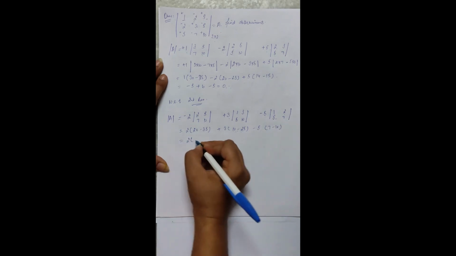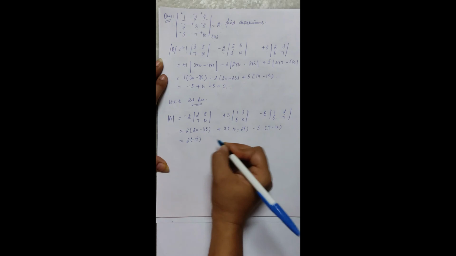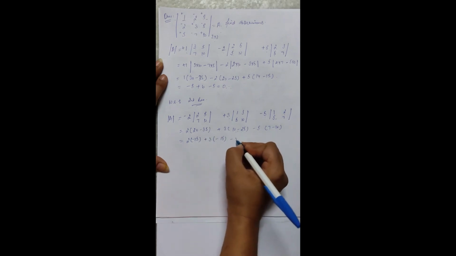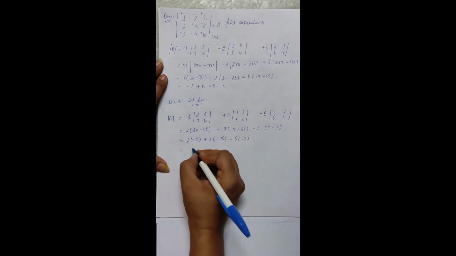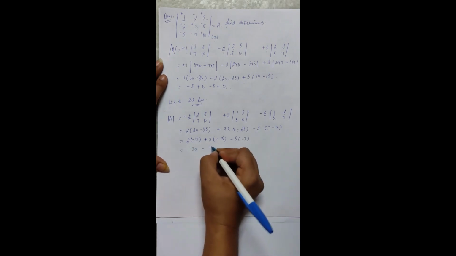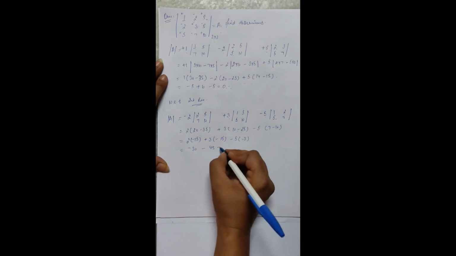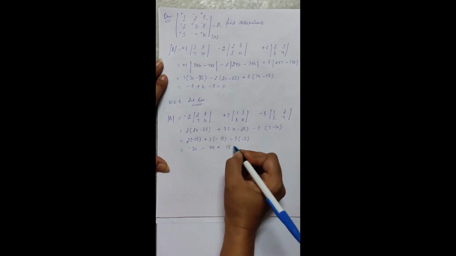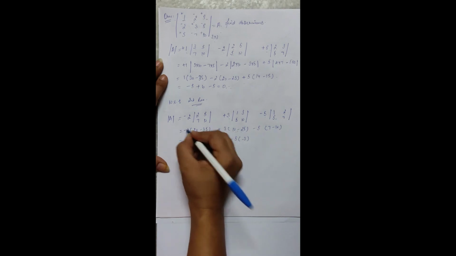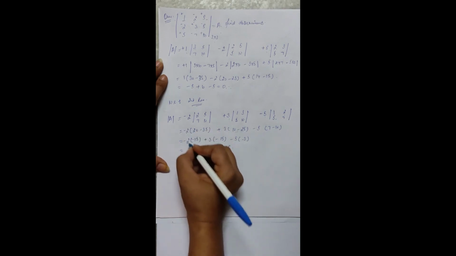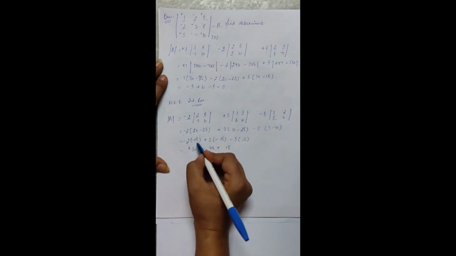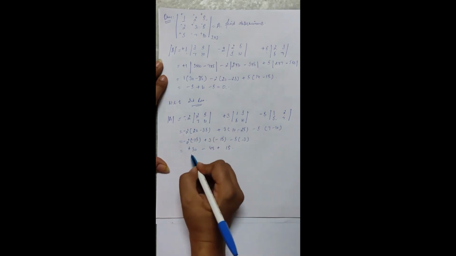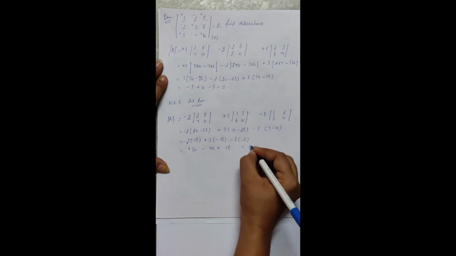So I will get 2 into minus 15, plus 3 into minus 15, minus 5 into minus 3. So this is minus 30, minus 45 and plus 15. Here I have to write a minus sign, because it is minus 2. So minus 15 into minus 2 is plus 30. So I will get the value as 0.